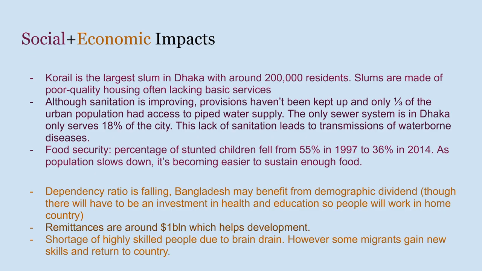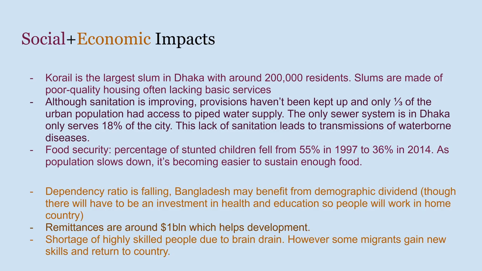So now there are more younger people than older people who need to be taken care of. So Bangladesh may benefit from this demographic dividend, which is that benefit of having working people, although there will have to be an investment in health and education so people work in the home country.